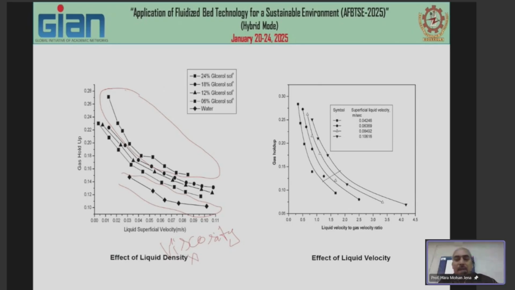Look at the gas hold up variation with the liquid velocity to gas velocity ratio. You can see that two different regimes are there: one regime up to one kind of slope, another with a different slope. If liquid velocity predominates, you have lower gas hold up values, and when gas velocity predominates, you have higher gas hold up values.